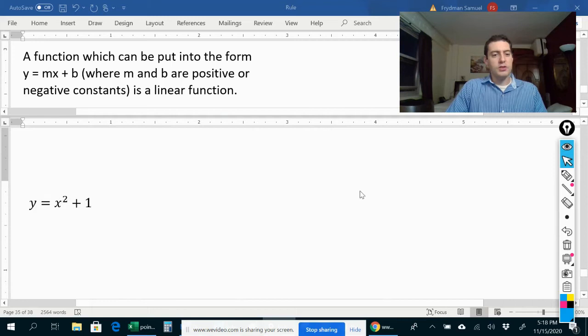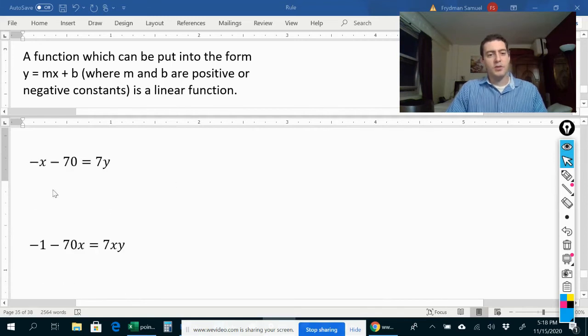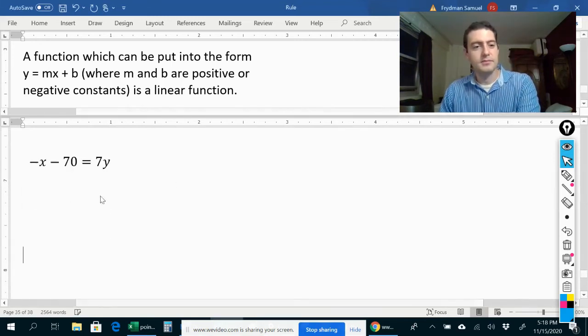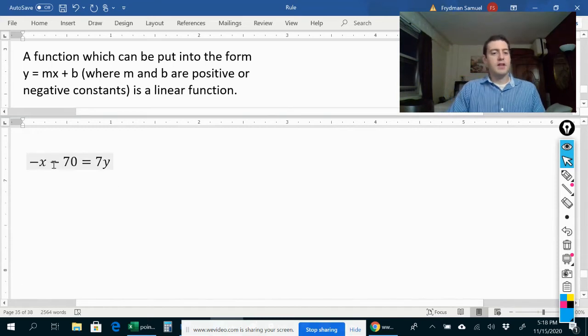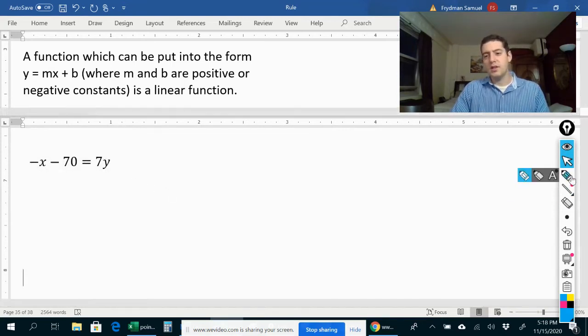Now, what about the next example over here? We have -x, or the opposite of x, minus 70 is equal to 7y. Can I fiddle around with this? Well, let's see. It looks like the y is already almost by itself. Remember, we want the y to be by itself.